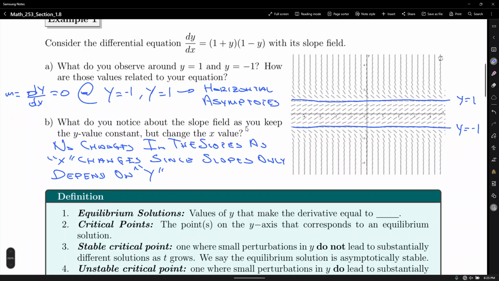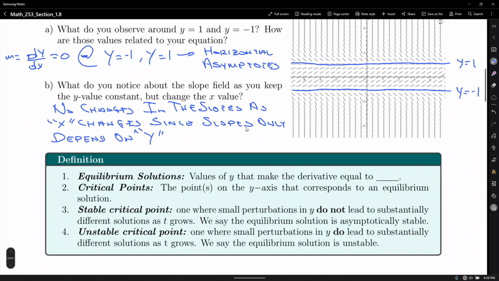All right, let's talk about the stability of these solutions. Let's have a look at this definition. The equilibrium solutions are the values of y that make the derivative equal to 0. Those are also our critical points, which are the points on the y-axis that correspond to an equilibrium solution. A stable critical point is one where a small perturbation in y does not lead to substantially different solutions as t grows.